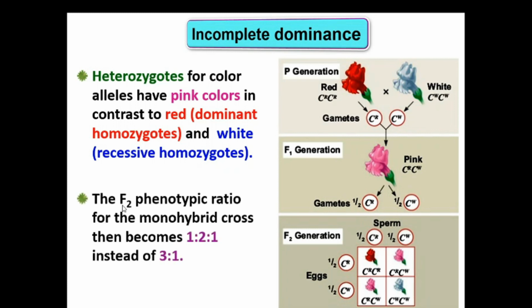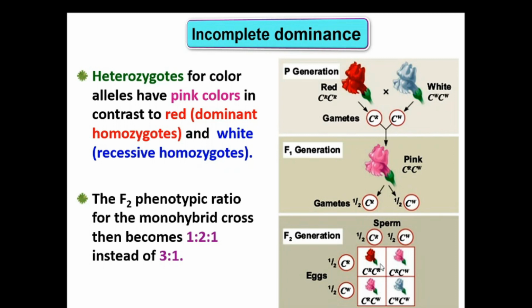For the F2 phenotypic ratio, the monohybrid cross will then become 1:2:1 instead of the 3:1 ratio. When we have this F1, they are self-crossed, meaning that we cross the pink F1 with another pink F1 generation. For the F2 generation, one of them will be a red flower, two of them would be pink flowers, and one of them would be white.